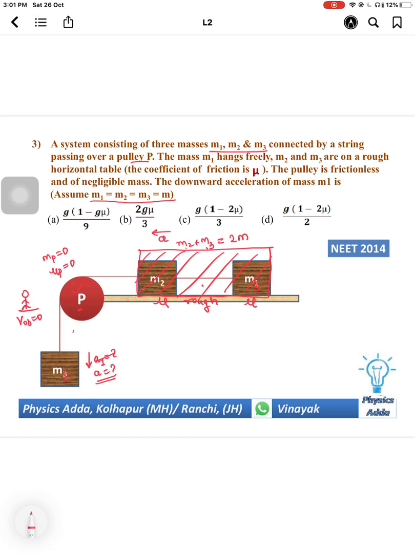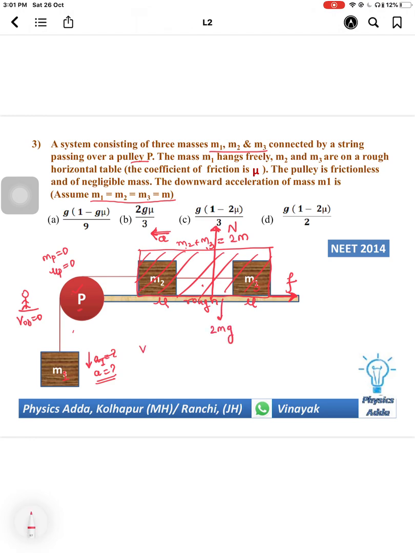Okay, to the left. So friction will act opposite to the direction of motion F. So this acceleration A is towards left and frictional force F is towards right. Okay. What is the normal reaction? It will act perpendicular to the surface. Perpendicular to the surface. So this will be N and this will be 2mg.